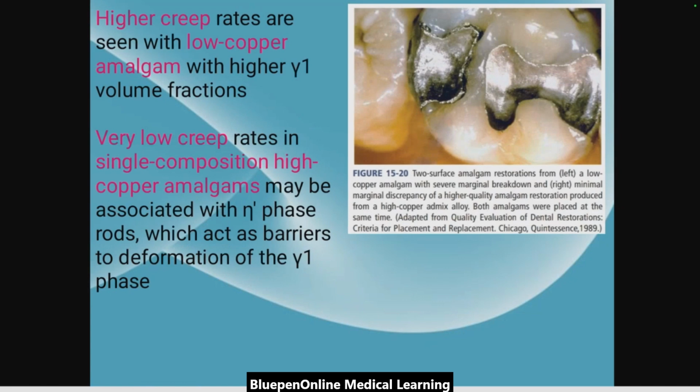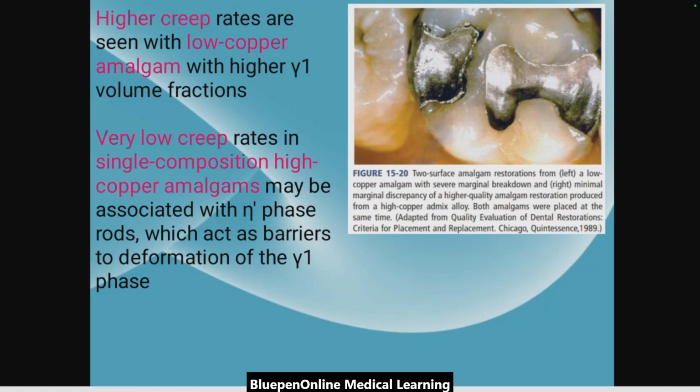You can see a tooth with two amalgam restorations. On the left, you can see the margins are really rough. You can see the cavity walls are exposed. So because of creep, there is deformation of this dental amalgam restoration. The margins were extending from the cavity walls, and because of that, there was marginal breakdown.